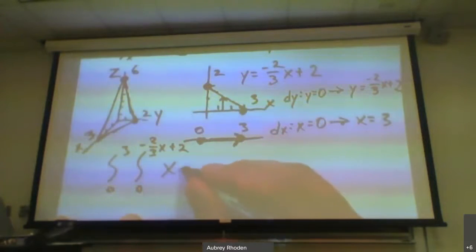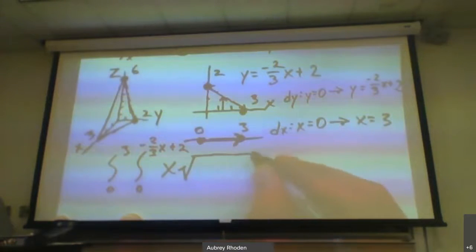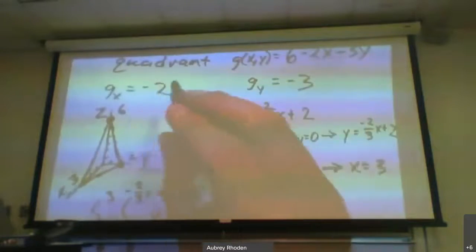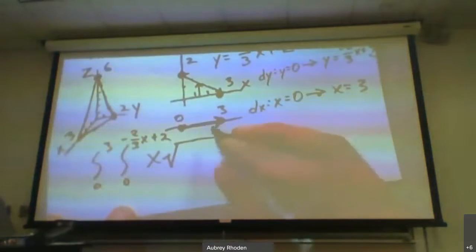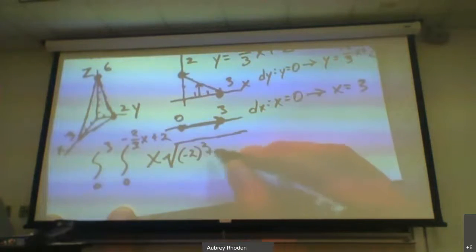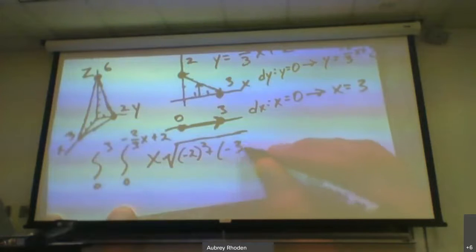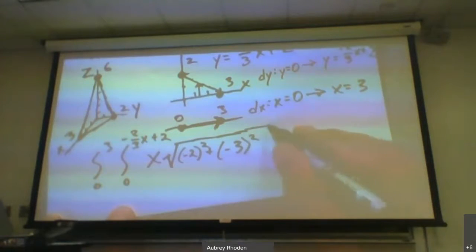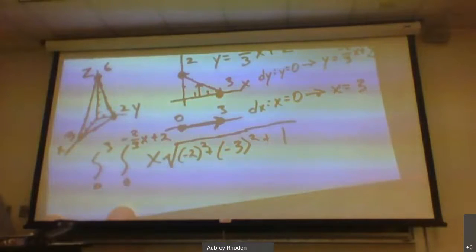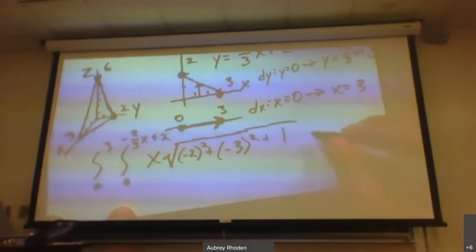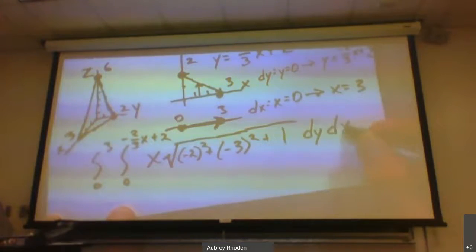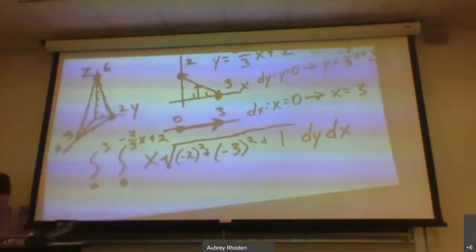And this is going to be x, multiplied by the square root of g sub x squared, where's my g sub x? That's negative 2. So that would be negative 2 squared plus negative 3 squared plus 1. Okay. And the first part of the integral we decided to do with dy, and the second part we decided to do dx.